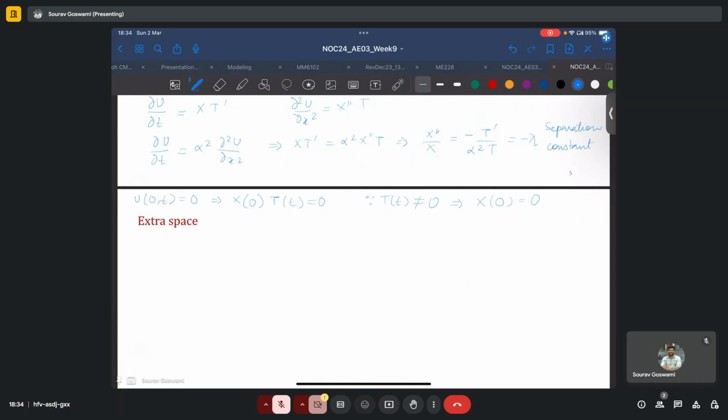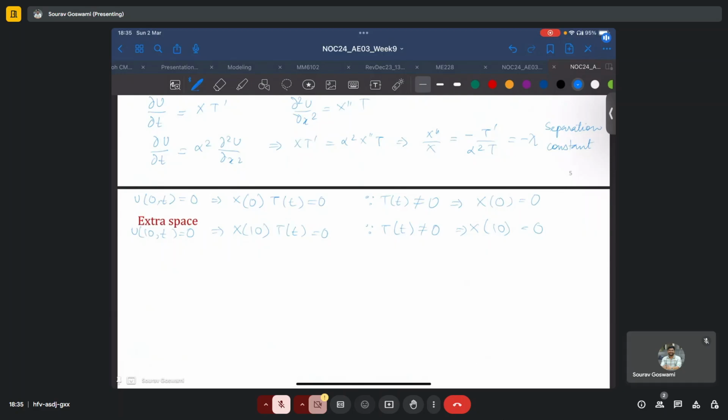Similarly, for the other condition, u at (10, t) equals 0 implies X at 10 times T at t is 0. And since the value of the variable capital T at all times cannot be equal to 0 for a non-trivial solution, therefore X at 10 must equal 0.